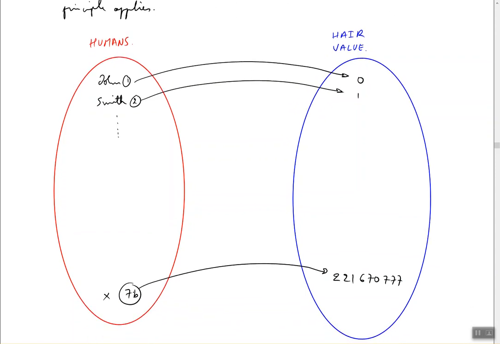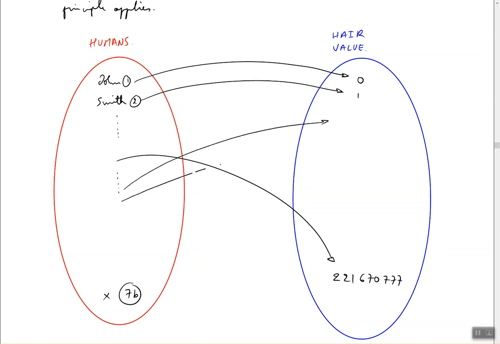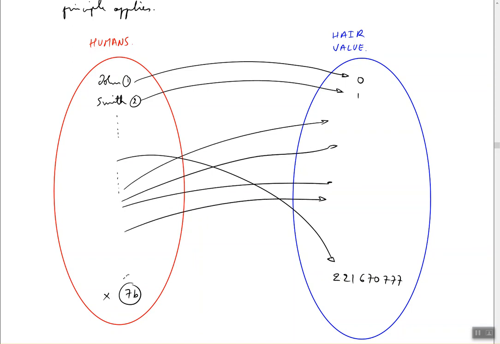No, because 7 billion is way larger than 221 million. So that means that somebody in this list will have that number of hairs, and then the list is going to continue, and all these people are going to have to share numbers that already had an arrow to them. Maybe that 7 billionth person will start sharing the number 1 again, or maybe the number 5 again, or something like that.